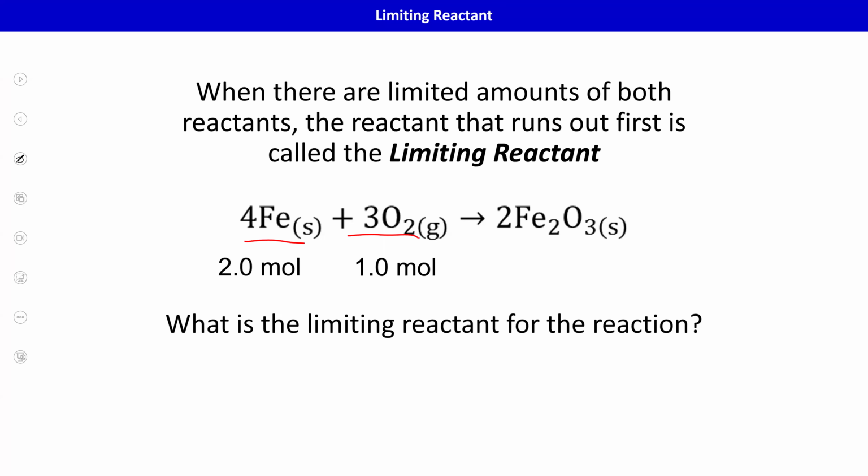Going back to our cheeseburger analogy, this is running out of patties before you run out of bread. If they're not going to run out at the same time, then one of them is dictating your final amount of product, right? Whatever's going to run out first is actually going to be controlling everything else. So we call that the limiting reactant. The definition of limiting reactant is it's the reactant that runs out first.